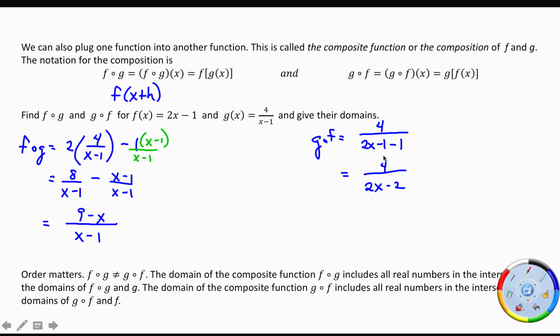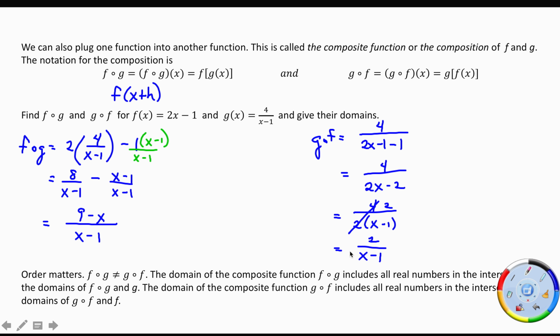Don't forget, I've always got to think about simplifying, so I can factor that 2 out of the denominator for a final answer of 2 over x minus 1. Notice that the order matters. f of g and g of f, two completely different things.